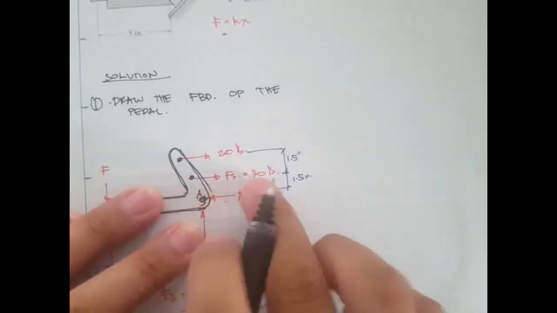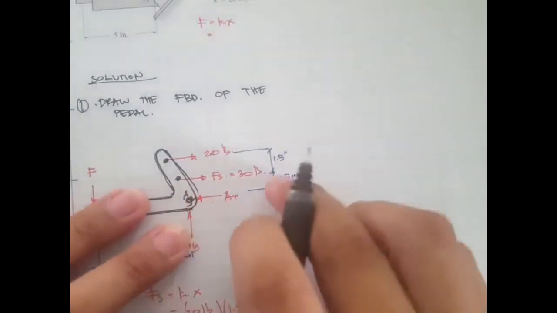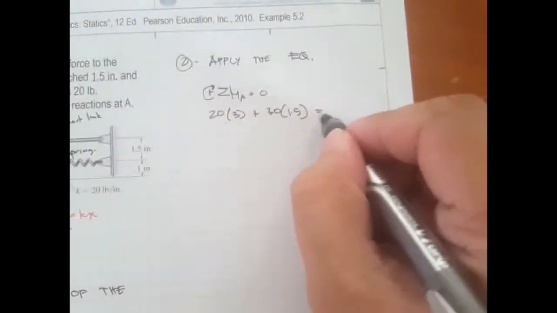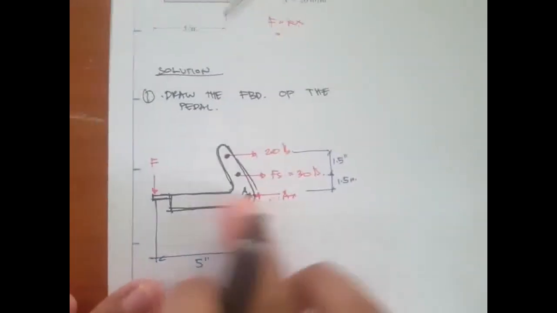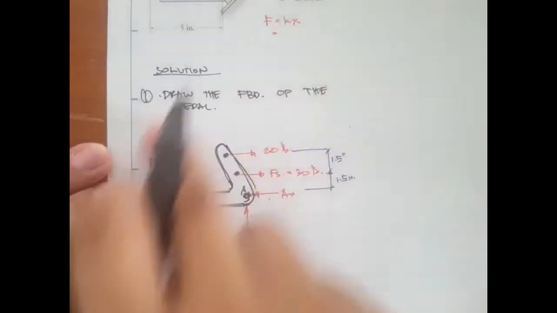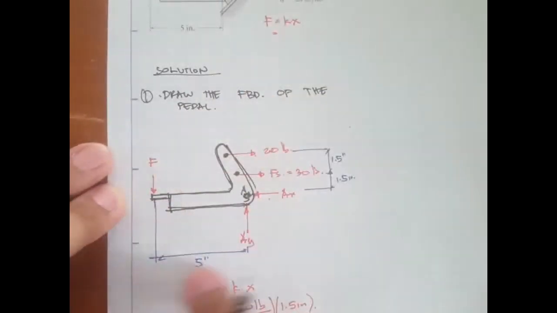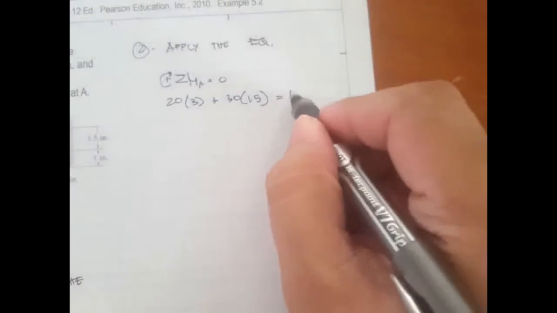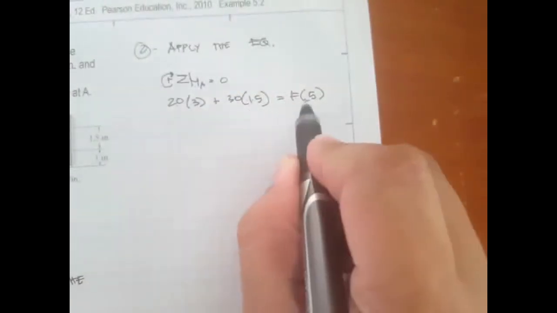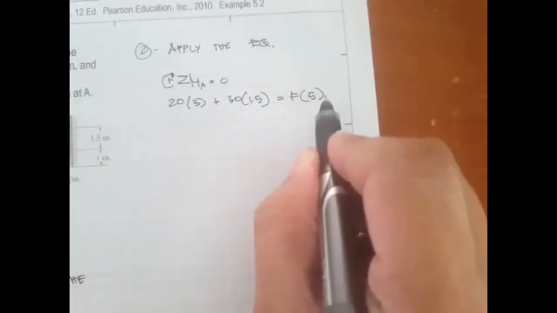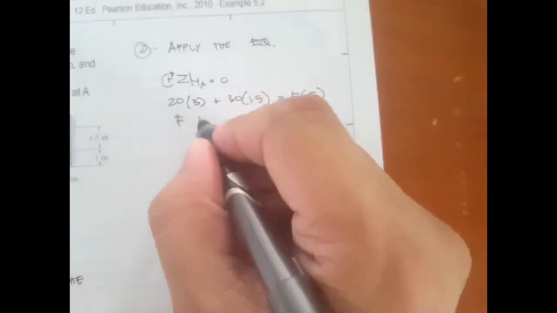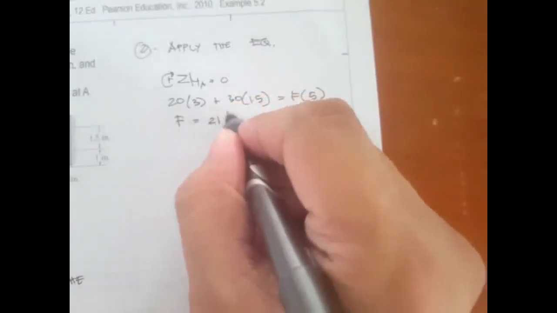The next force is the spring force, which is 30 times the moment arm of 1.5, and that is equal to, on the right-hand side of the equation, the counterclockwise moment, force times 5. Take note that if I write the counterclockwise moment on the right-hand side of the equation, it is positive. Therefore the unknown force is equal to 21 pounds.